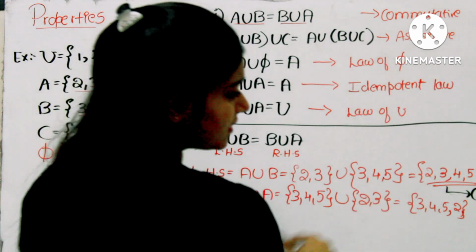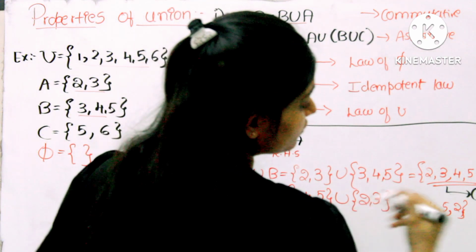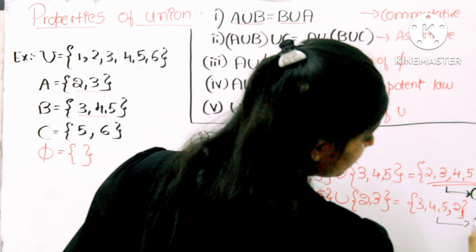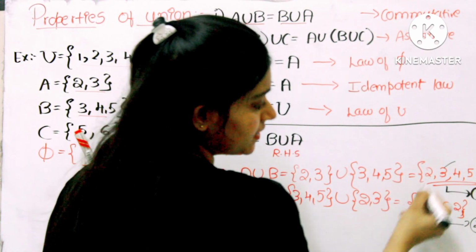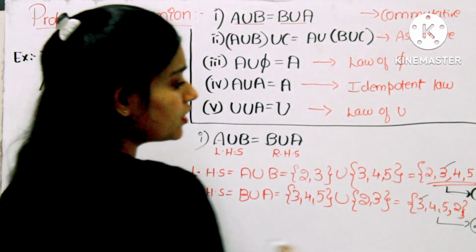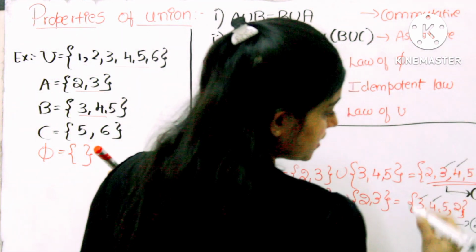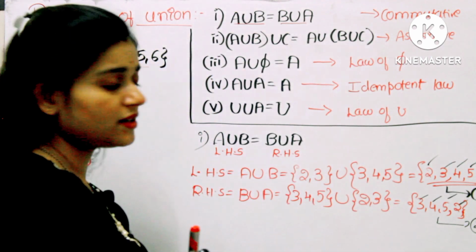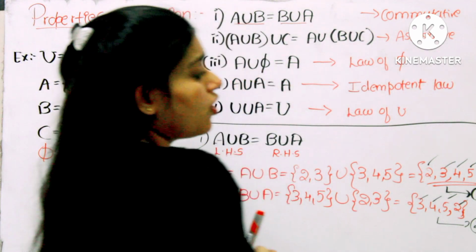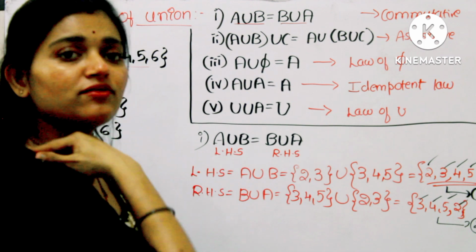So take this as equation 2. Then compare 1 and 2. See here, 3 is there in A union B also. Again 4 is there, 5 is there, 2 is there. So all the elements are there in this. If all the elements are equal, then what it means?